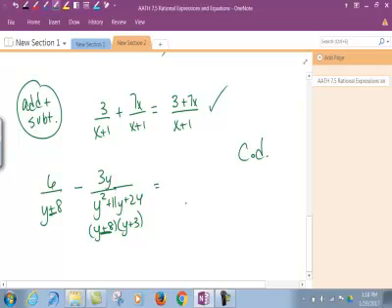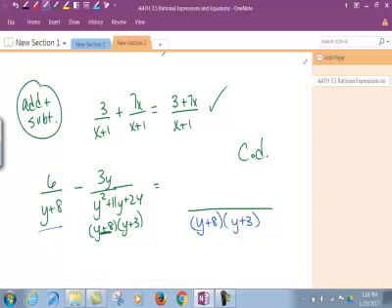So we look at the two denominators and we say we need a new denominator that the denominator on the left and the denominator on the right will both go into. So that denominator is y plus 8 times y plus 3, right? If I multiply this one by y plus 3, I get that denominator. And if I multiply this by 1, I get that denominator.